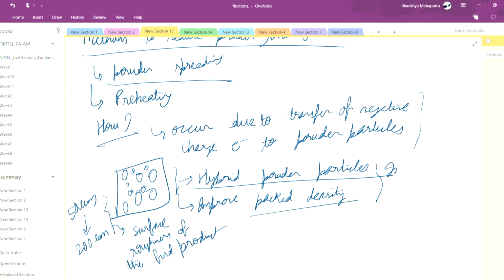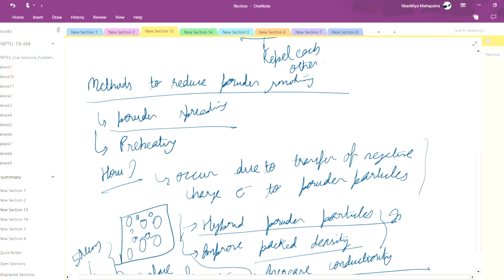If the powder particles are packed, it will not scatter. It will also increase conductivity.